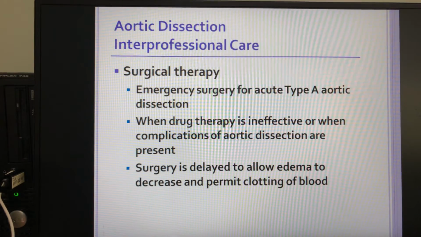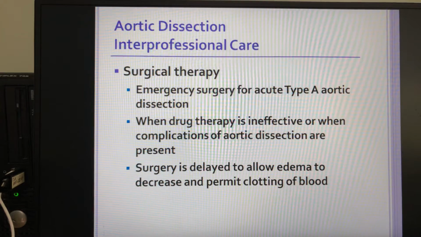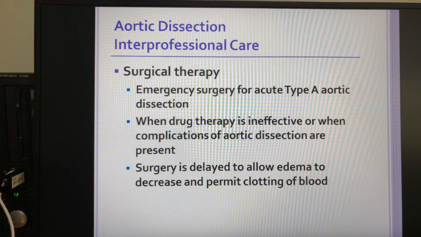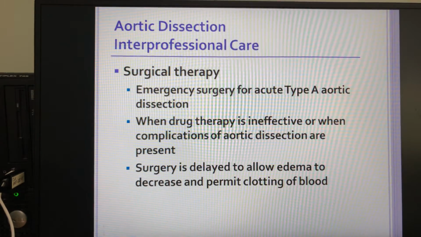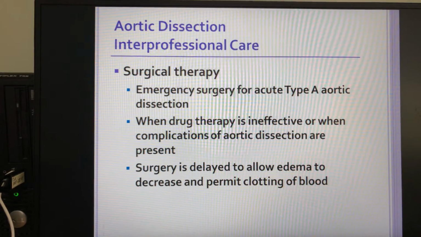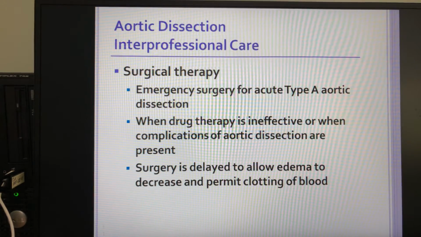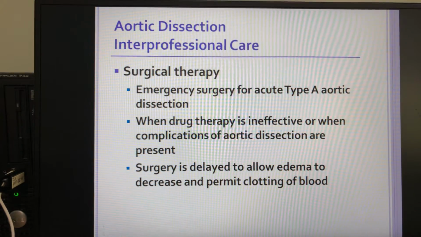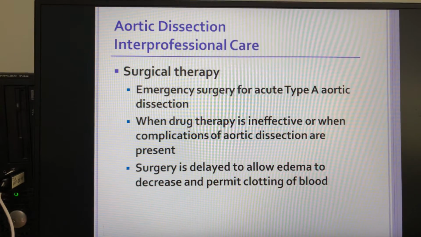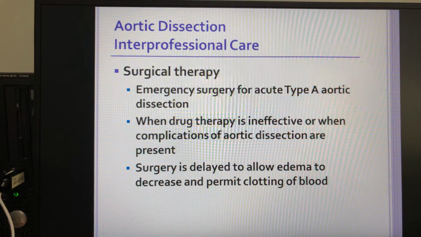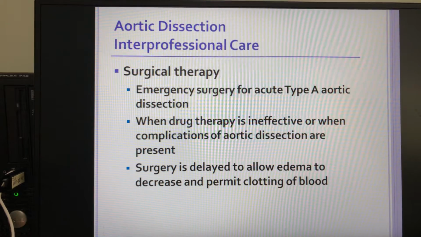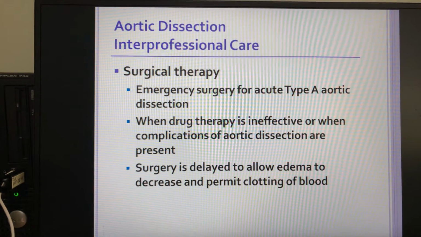If any of these happen, again, that mortality rate decreases by 50% within 2 days, 48 hours of the patient actually having an onset of symptoms. So you really got to be up on your assessment signs to be able to decipher what's going on in that patient. And remember, we're talking about emergency situations.